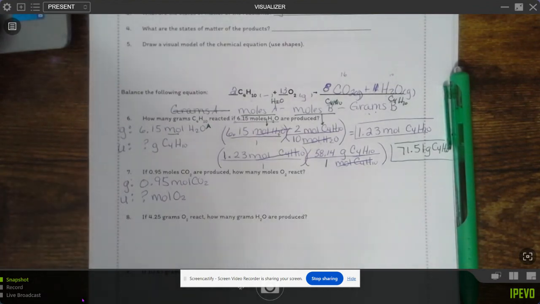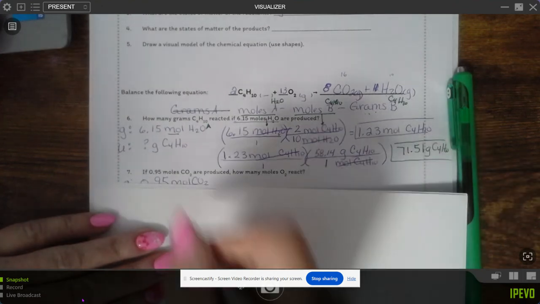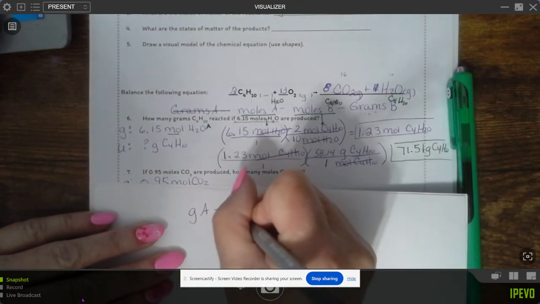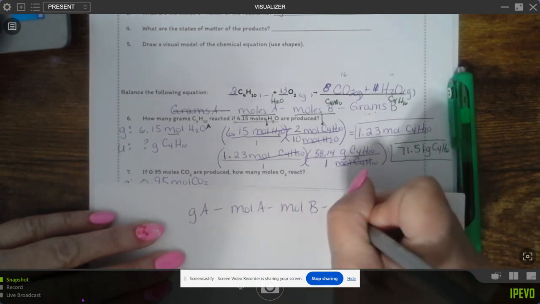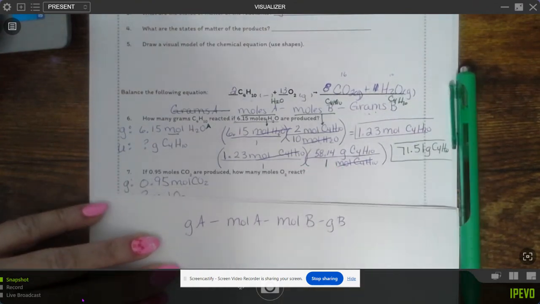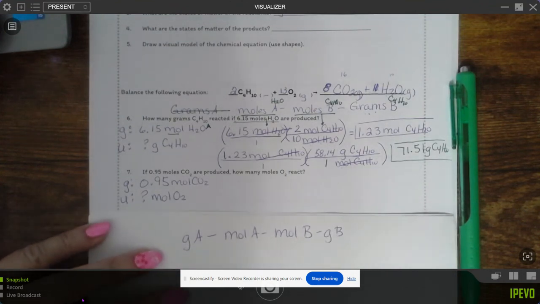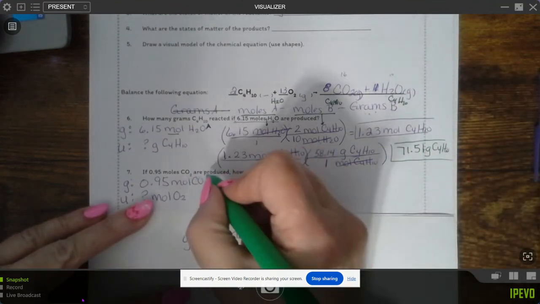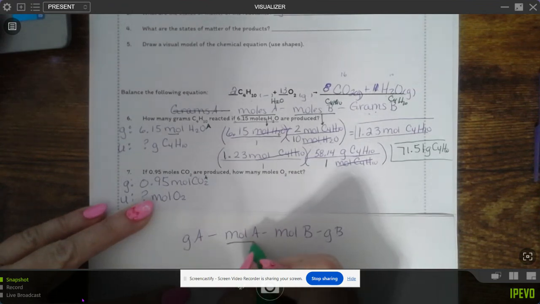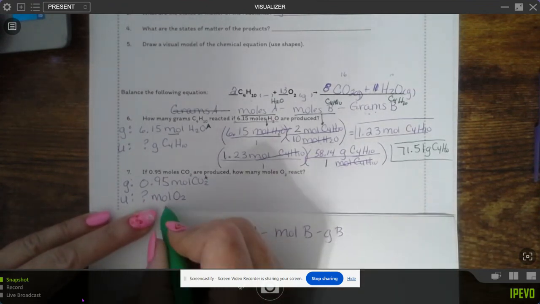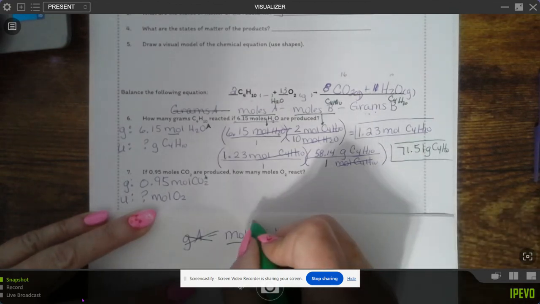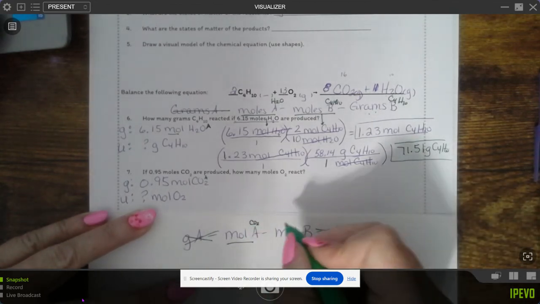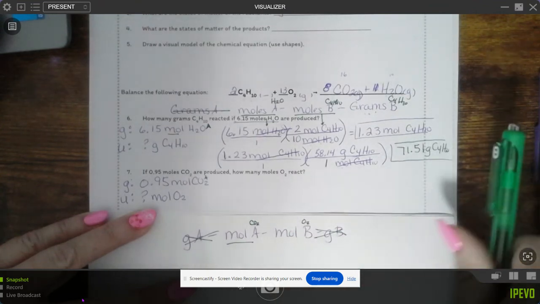If you are looking at your mole map, let me write it out here again: grams of A, moles of A, moles of B, grams of B. We're starting with moles of A, so we don't need to worry about this, and we're ending at moles of B, so we don't need to worry about this. So we're starting with moles of CO2, ending with moles of O2.